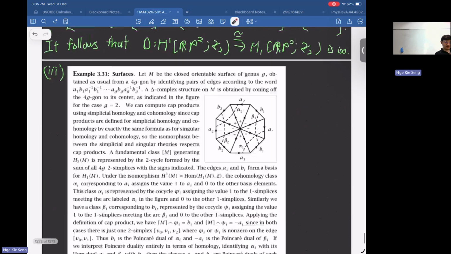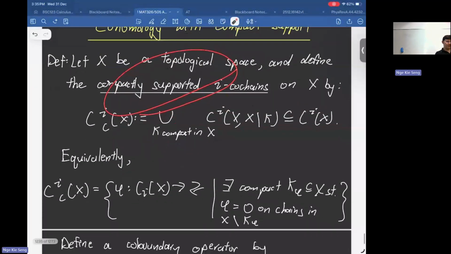But we also have Poincare duality for non-compact stuff. But for non-compact stuff, we only have the statement for compactly supported cochains. That is, if you have a compact subspace of X such that the cochain is zero away from this compact set.